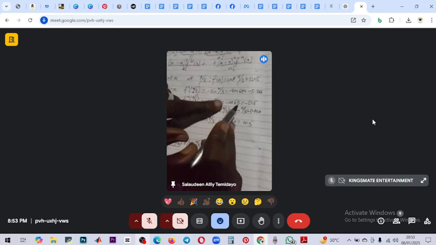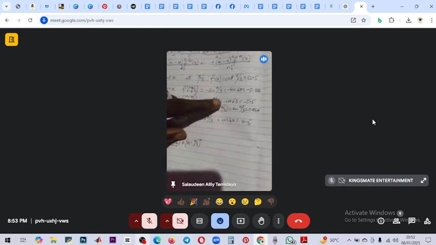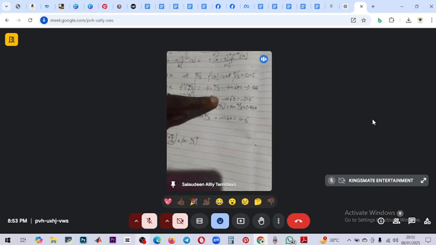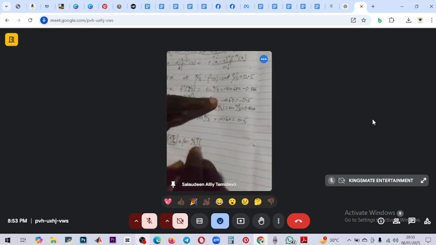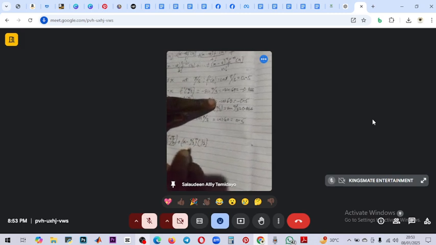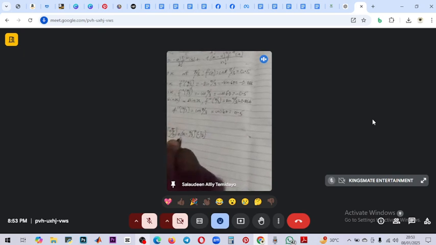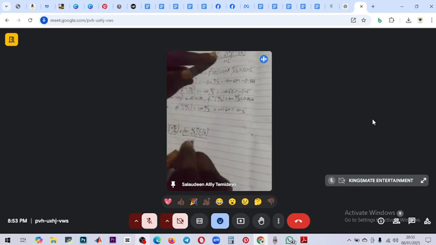That's minus cosine 60. Cosine 60 is always 1 over 2. Sine 60 is root 3 over 2, cosine 60 is 1 over 2. So minus 1 over 2, all over 2 factorial.